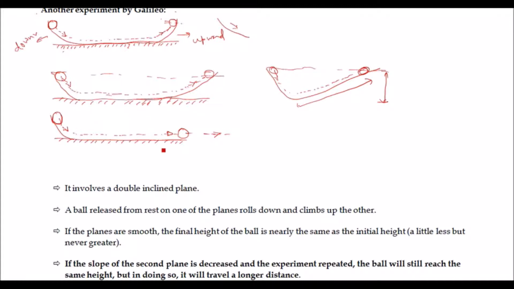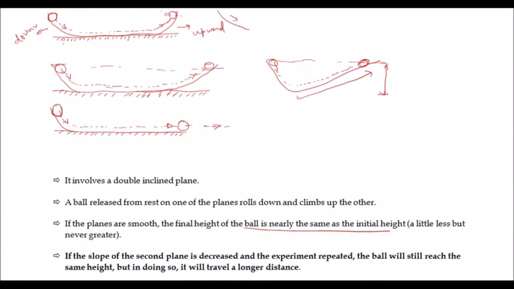Secondly, Galileo decreased the slope of the second plane, and the experiment was repeated. The ball will still reach the same height, but in doing so it will travel a long distance. I have already explained this.